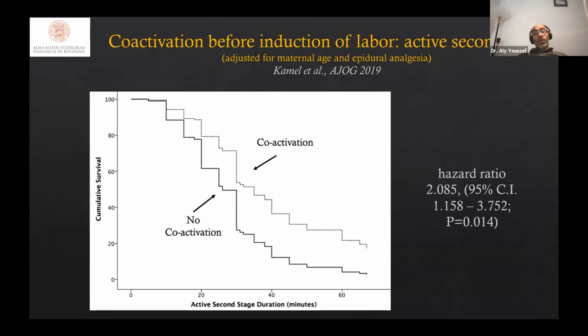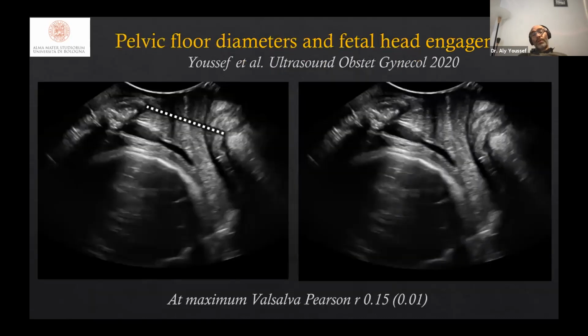And this was confirmed also in another study in which we assessed the pelvic floor before the onset of labor in women undergoing induction of labor. And again, we have found that coactivation was associated with a longer second stage of labor.